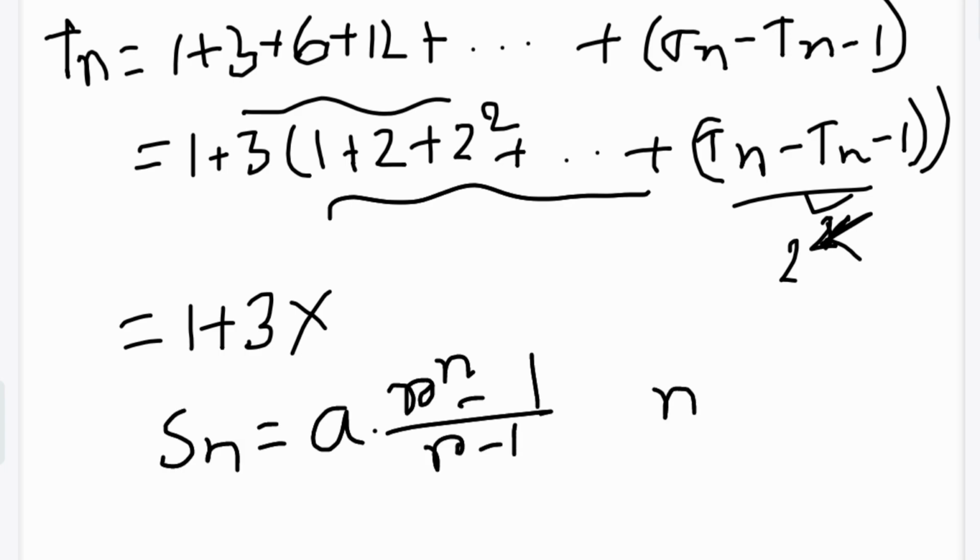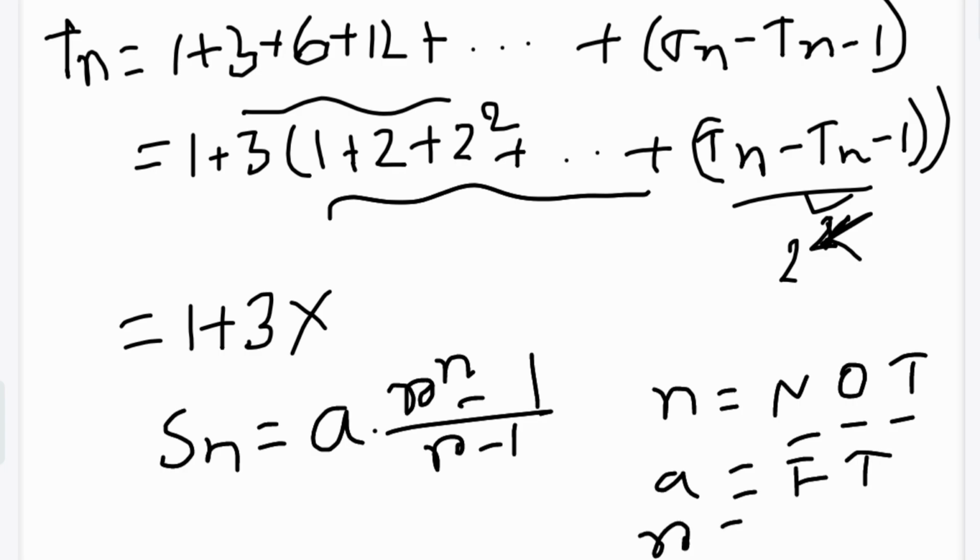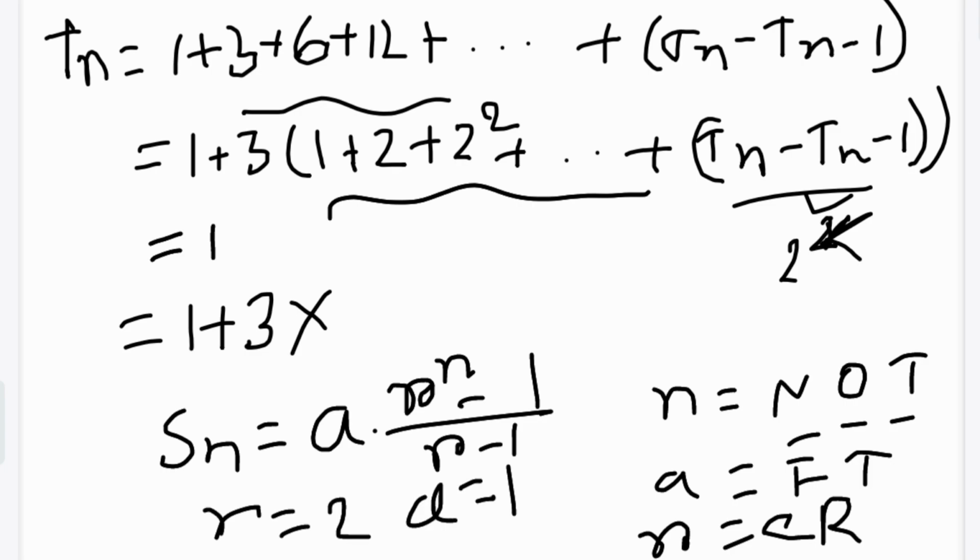Here n is the total number of terms, a is the first term, and r is the common ratio. So for this series the common ratio is 2 and a is 1. So 1 plus 3 into, there it is, r raised to the power n minus 1. Basically a is 1, so we are not going to take it in.